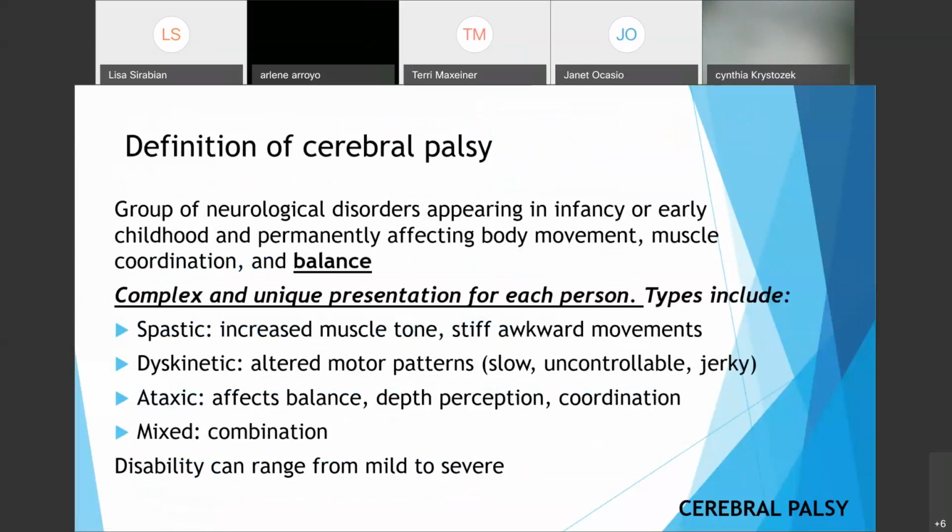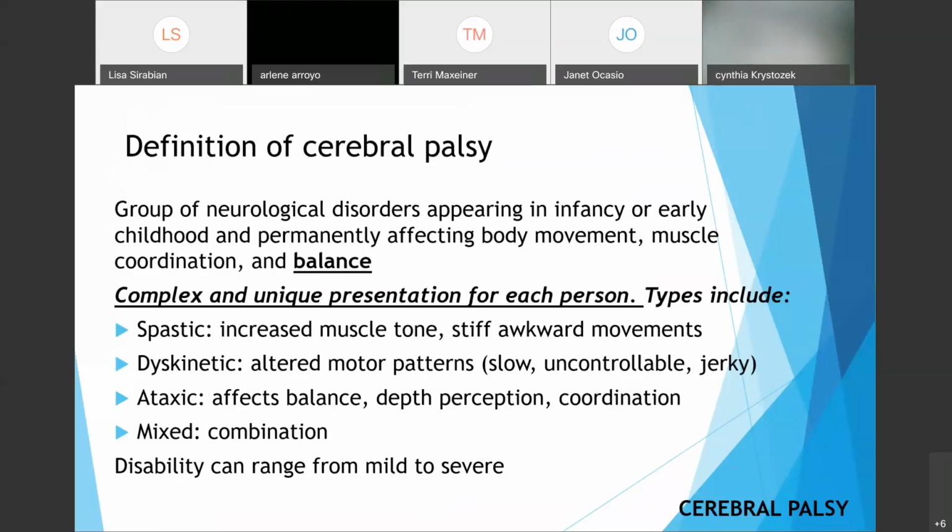All right, and then finally, this is the last of our neurologic disorders that we're discussing today. Cerebral palsy is a group of neurological disorders appearing in infancy or early childhood and permanently affecting body movement, muscle coordination, and balance. So, people with cerebral palsy have a complex and unique presentation. There are different types. There's the spastic type, which shows increased muscle tone, stiff, awkward movements.